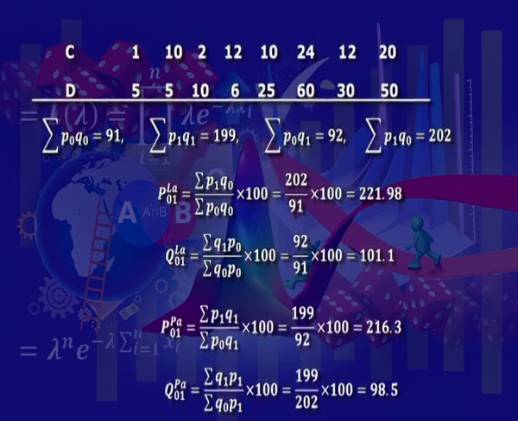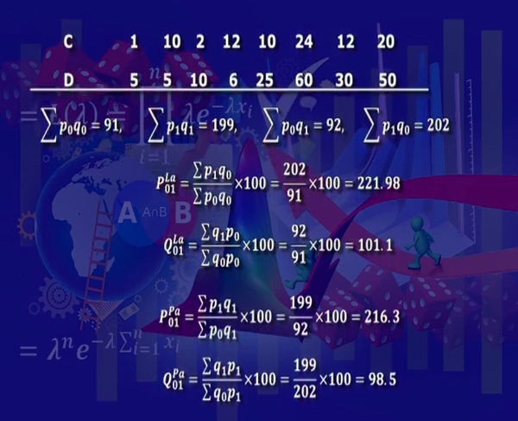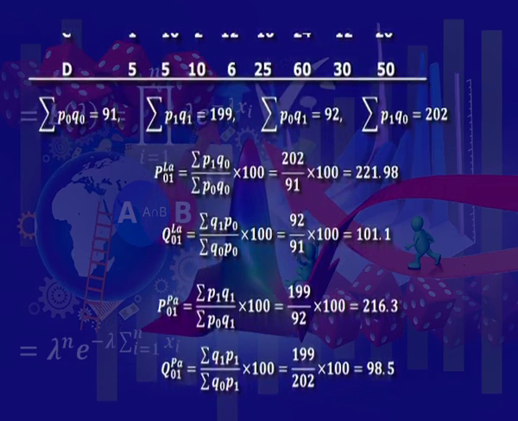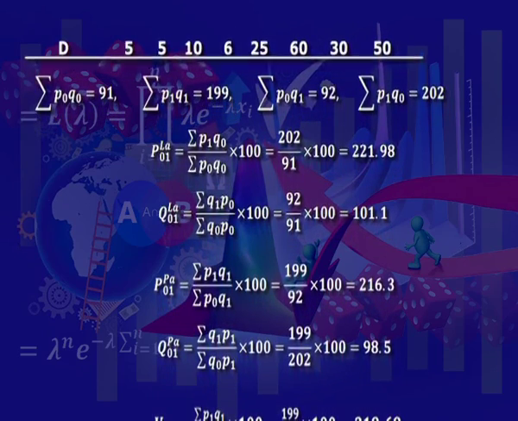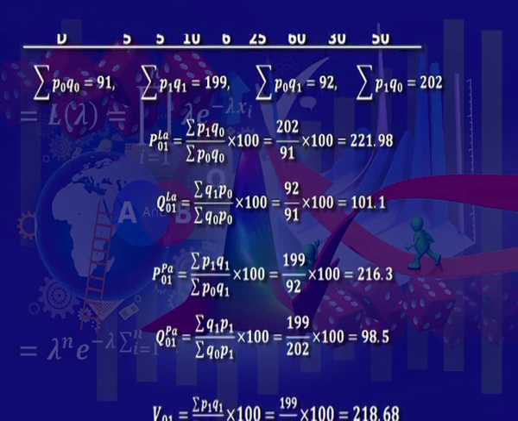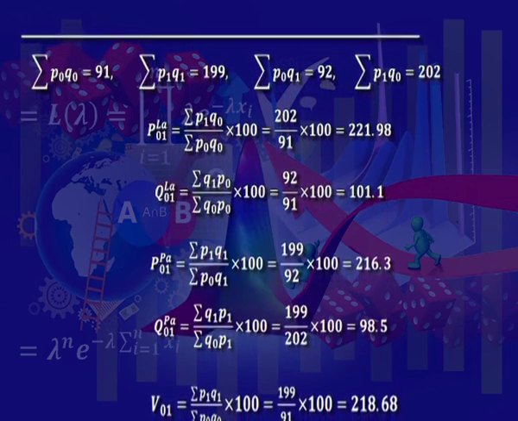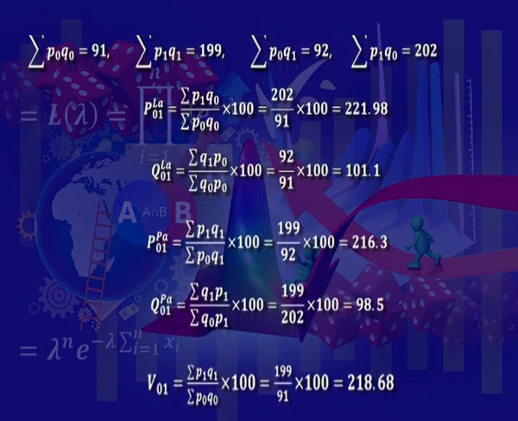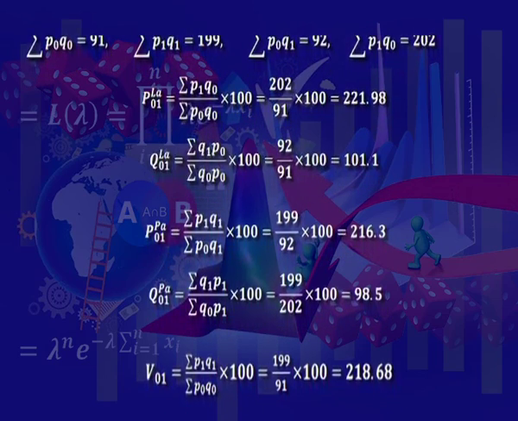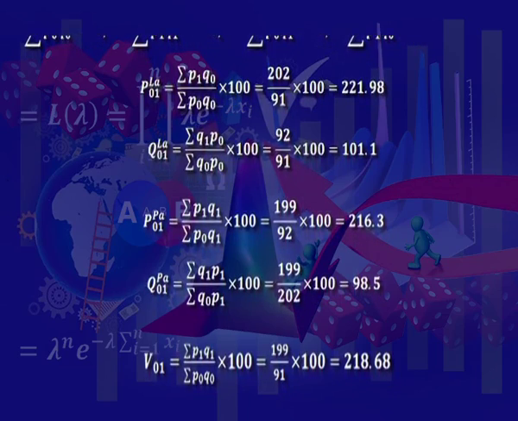The Paasche price index number is given by P01PA equal to summation P1Q1 upon summation P0Q1 multiplied by 100. Again substituting the values of summation P1Q1 and summation P0Q1, we get 199 divided by 92 multiplied by 100 equal to 216.3.